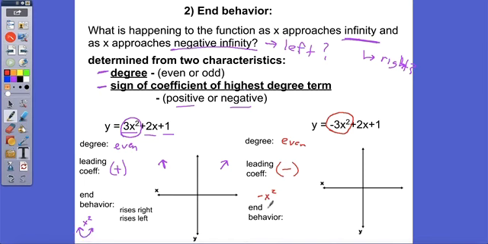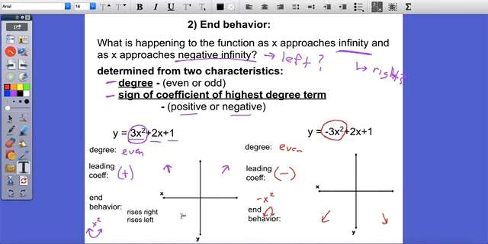So it'll instead look like this. It'll match the end behavior of this function. So we know it's going to go down to the left and down to the right. And the way we say that, instead of rises each way, is falls right and falls left. And that's how we can describe the end behavior. And when we go to graph it, it's going to look like that.